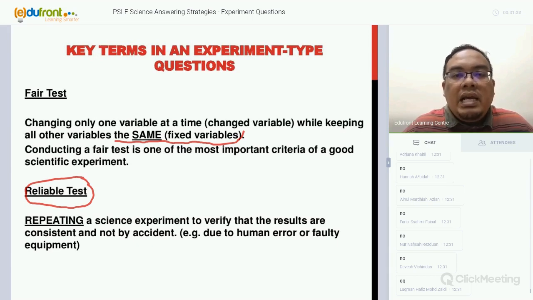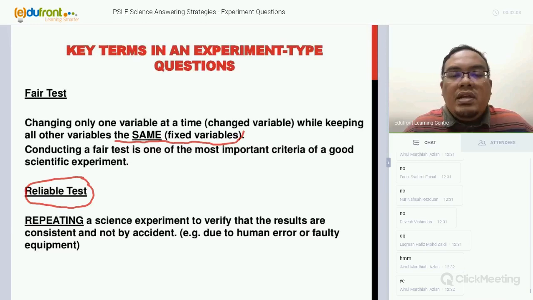Of course, in real life, doing only 3 times may not be very good. I'll give you a very simple example. Let's say a scientist in a pharmaceutical company wants to come up with a medicine that cures cancer. The scientists would have conducted thousands and thousands of tests before they sell the medicine or make it available in the market.